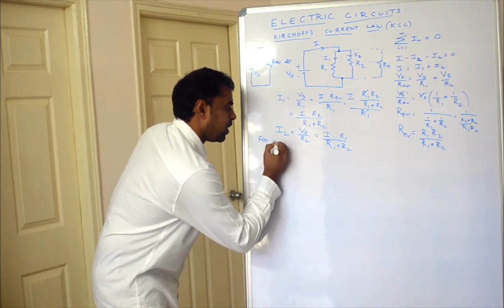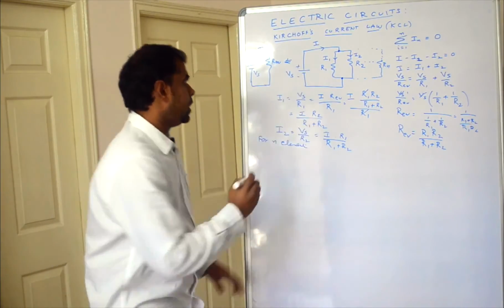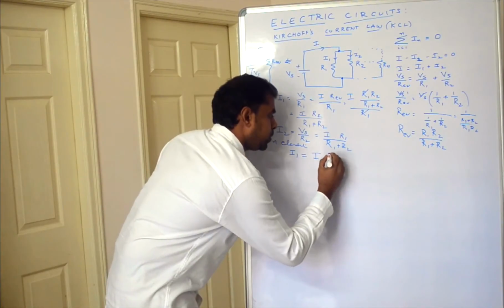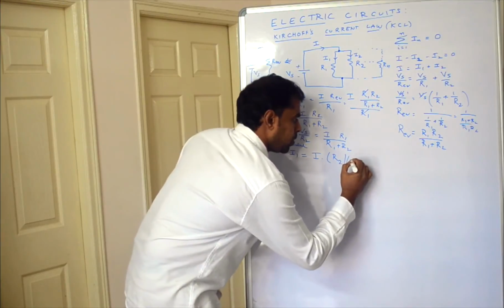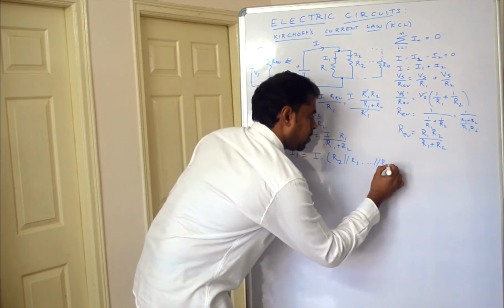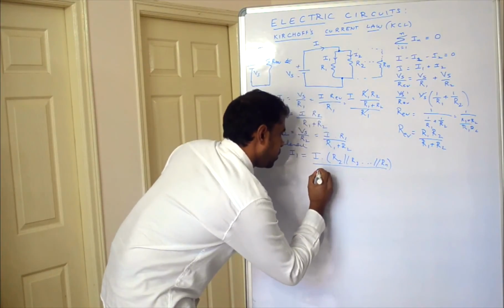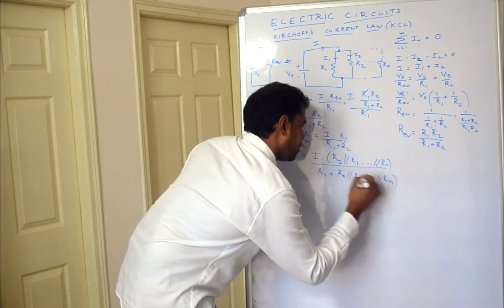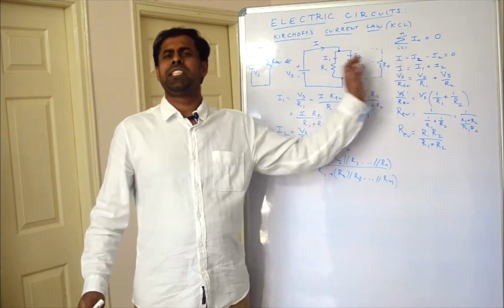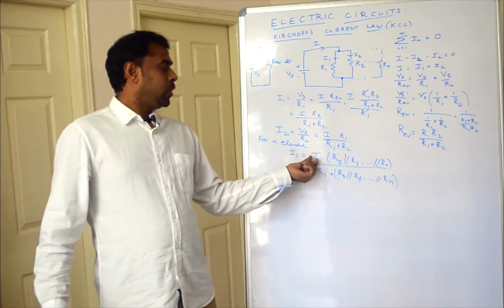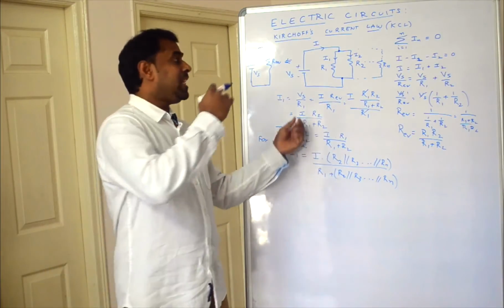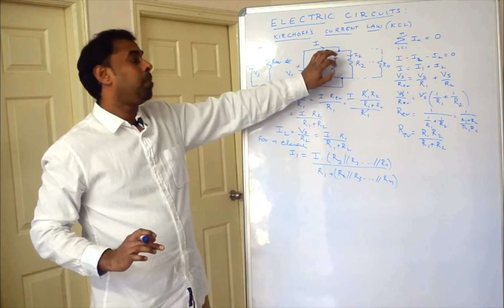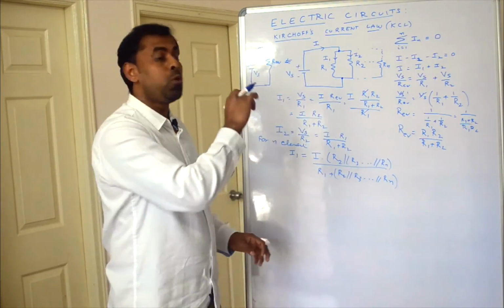For n elements, the current in the first resistor, that is R1, is nothing but total current into the equivalent resistance of all other branches excluding this branch by this branch resistance plus the equivalent resistance of all other branches excluding this branch.